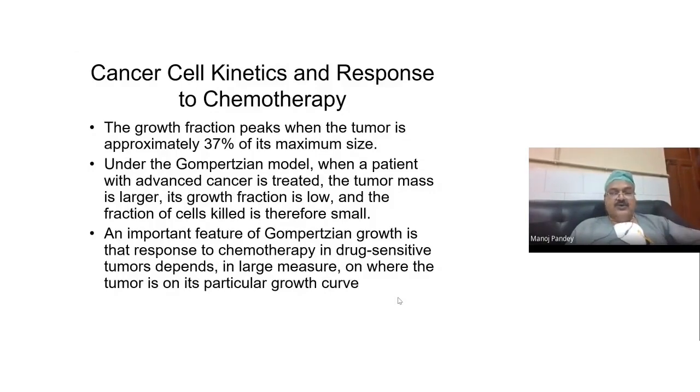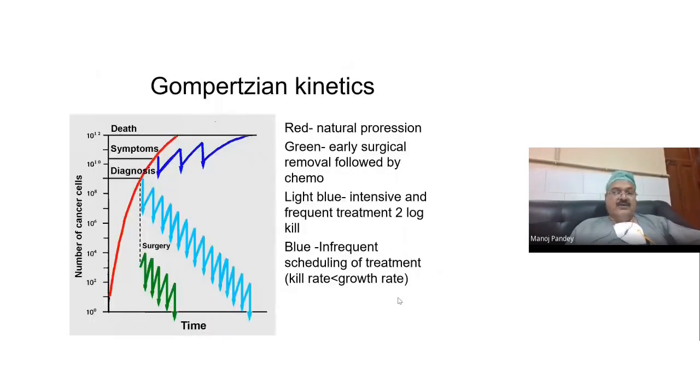And I already told you that it depends upon which phase or what time the chemotherapy or the treatment is given. The red line in this graph represents natural progression.